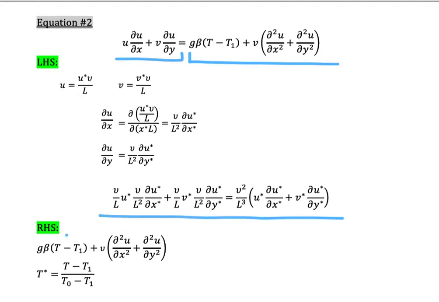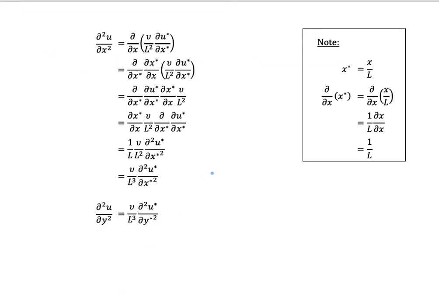Then for the right-hand side, we substitute the dimensionless parameters to get the value of the second derivative of u with respect to x, and the second derivative of u with respect to y, and finally we get this term. I think I already discussed this in the tutorial.